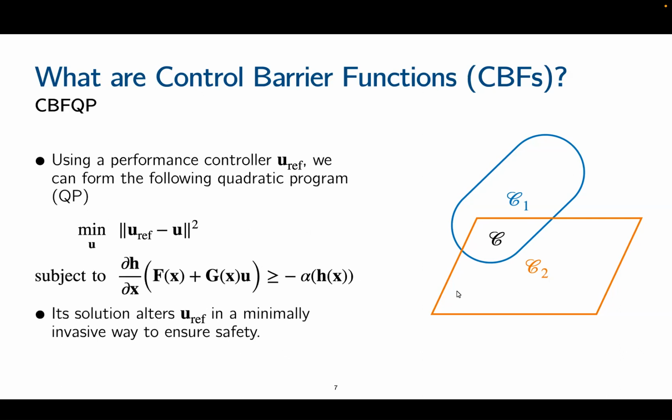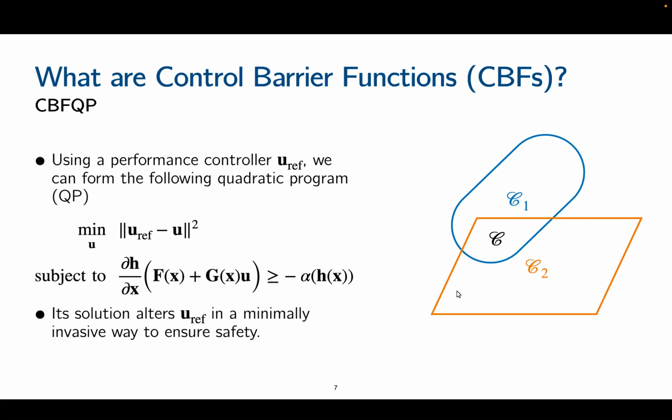The standard way to utilize control barrier functions for synthesizing safe control actions is to do what's called a CBF QP. To compute the CBF QP, we usually utilize a performance controller u_ref and formulate the CBF QP as minimizing the least square distance between u_ref and u, subject to the CBF constraint.